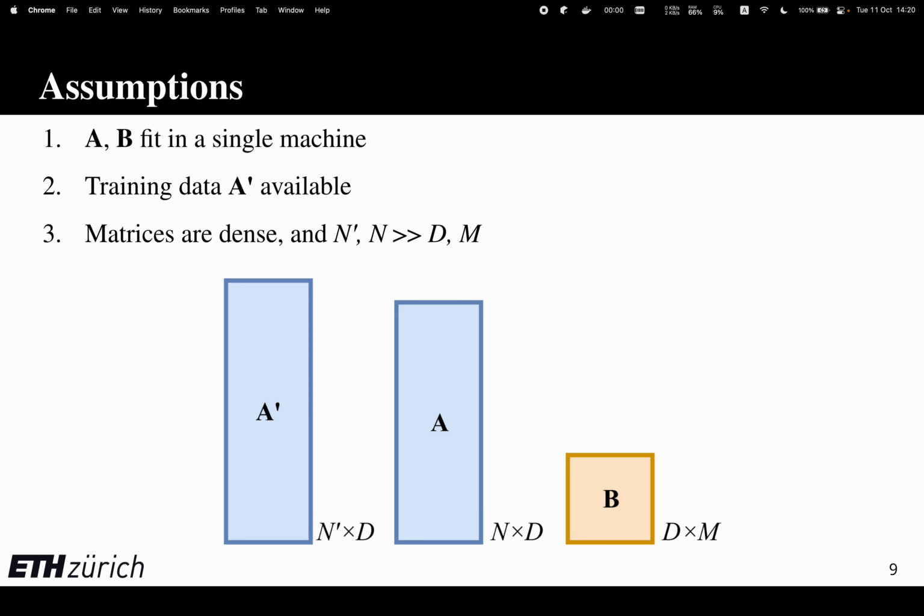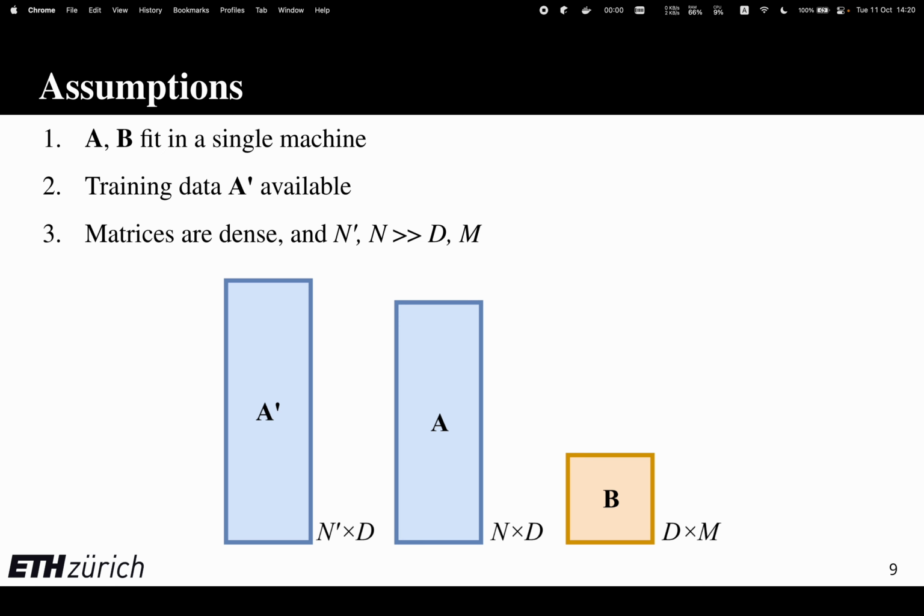Before I introduce the method, I'd like to touch upon the assumptions this paper makes. The first assumption is that matrices A and B both fit into a single device. Also, apart from the matrix A we're going for, we also have a training matrix A prime.